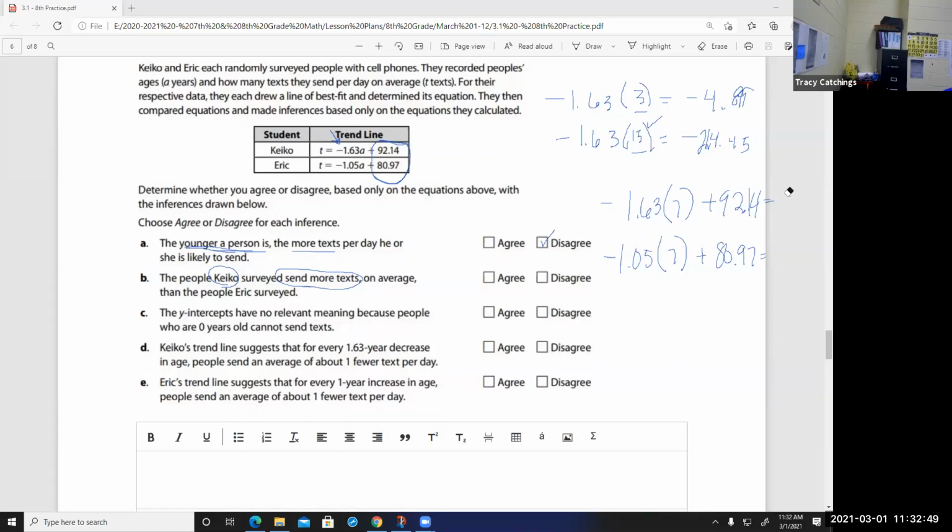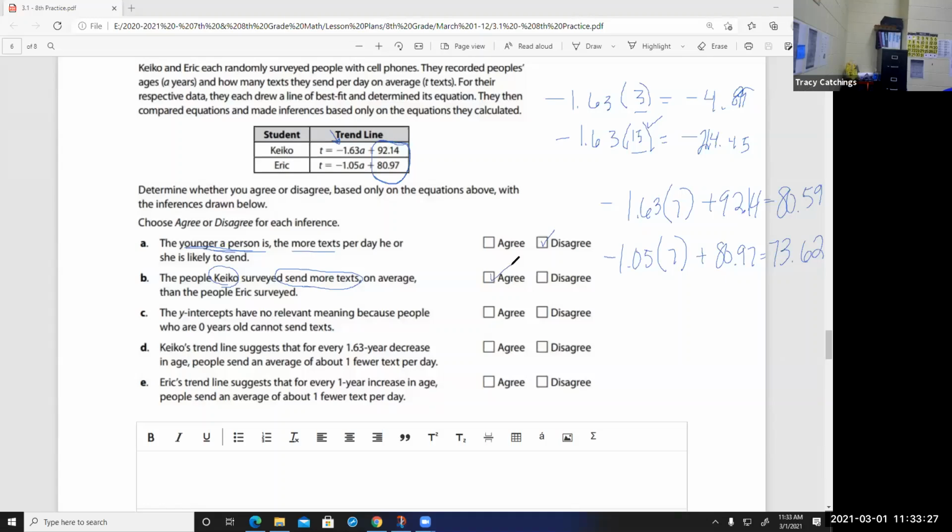Add 92.14. All right, negative 1.05 times it. Add 80.97. All right, so they said Kiko's people send more texts. Yes or no? It was high.